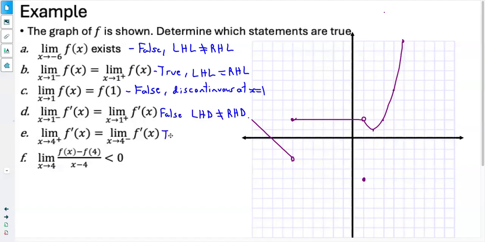So we can say it's true, and we know this because the graph is smooth, which means, therefore, left-hand derivative equals right-hand derivative.